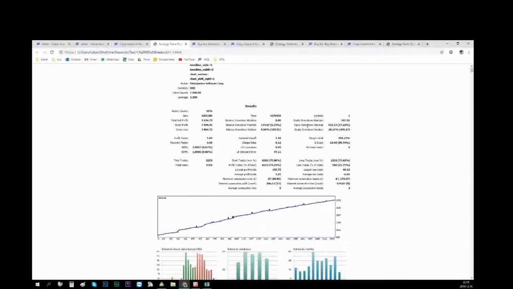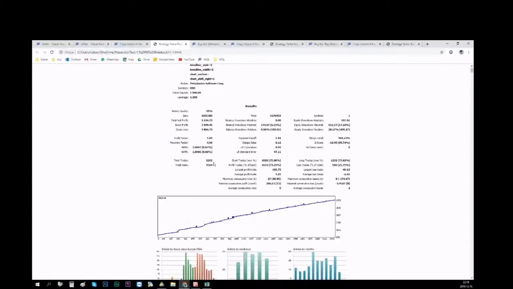For example, as you can see here, the maximum equity drawdown is $650 here, but you will get 3,000. The recovery factor is near 5. I think it's a good point here.